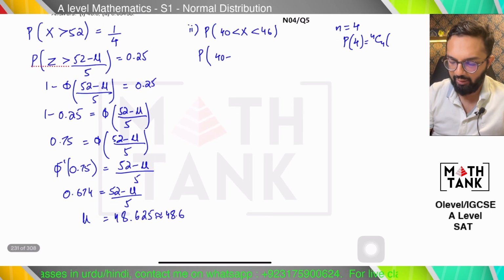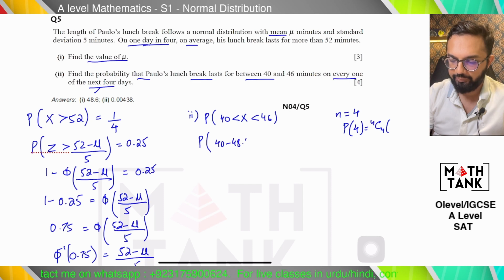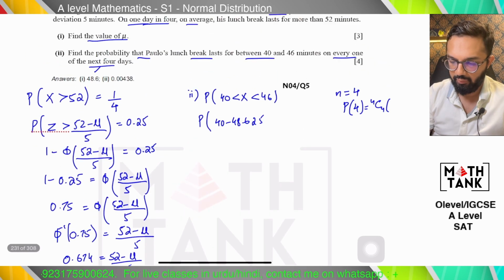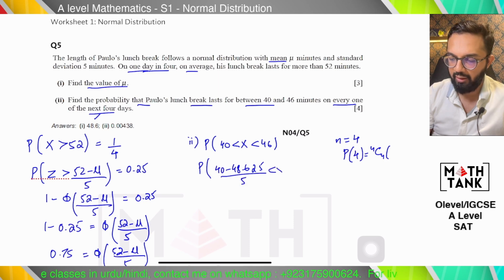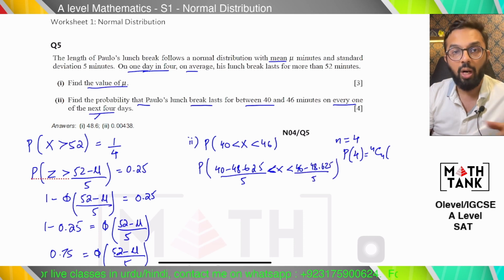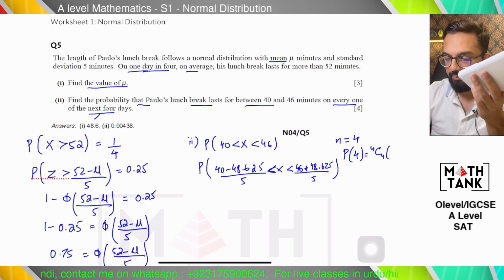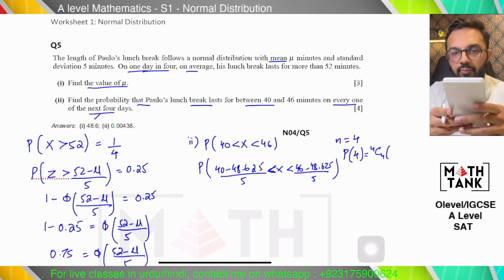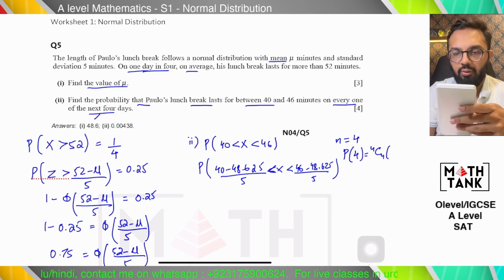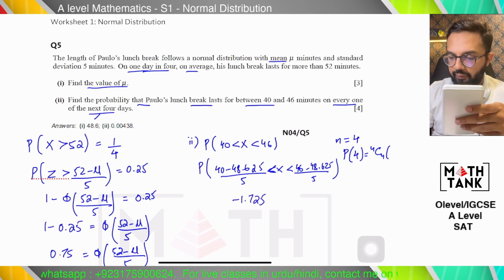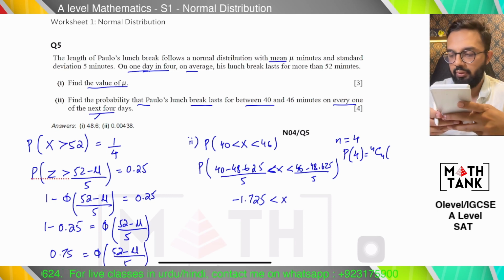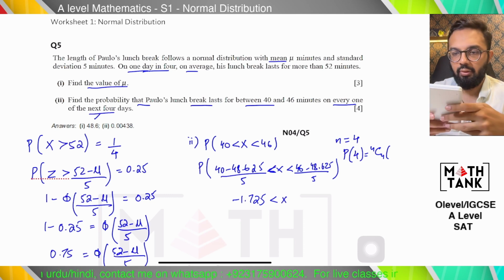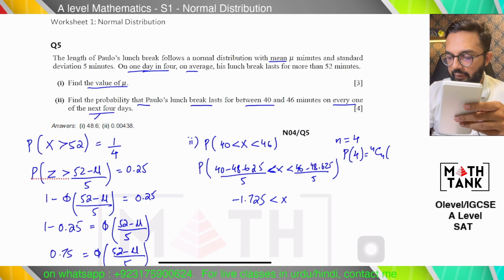I'm going to first calculate this probability and then plug it into the binomial. Remember that whatever I'm calculating right now is the probability for just one day. That's minus 1.725 and minus 0.525.